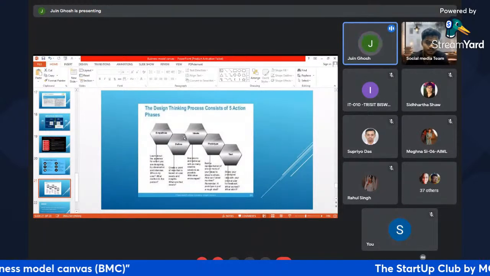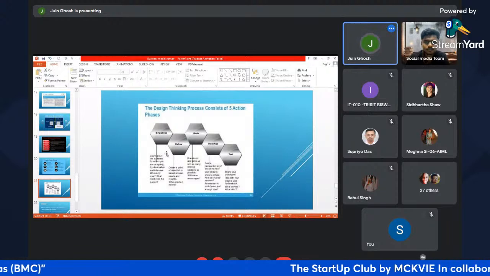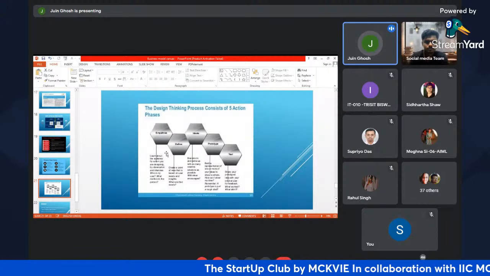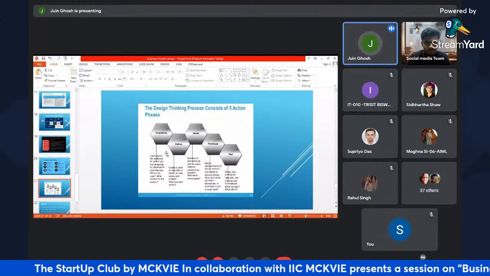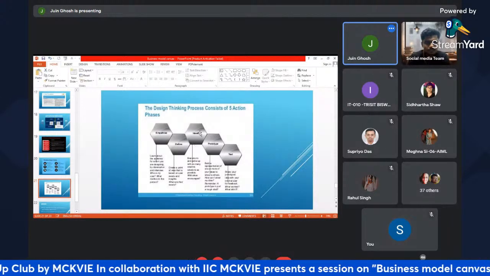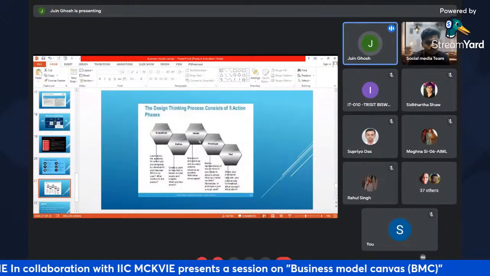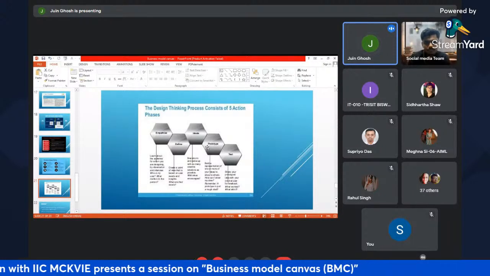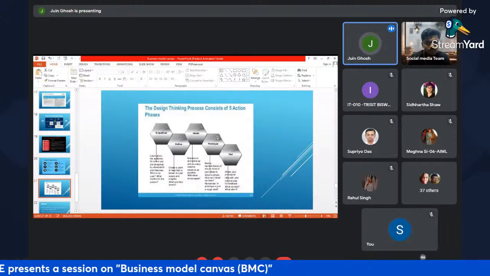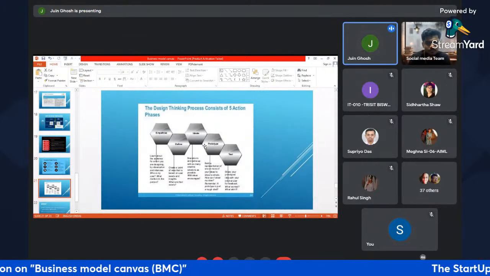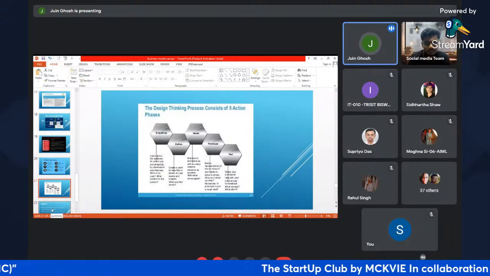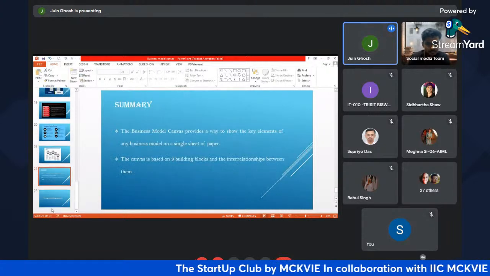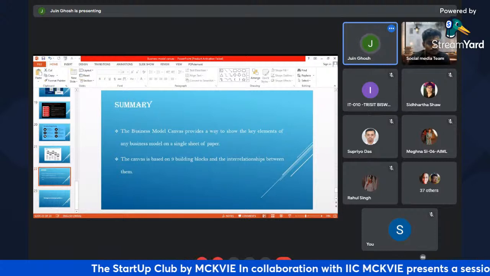Then it is define, that is a proper definition of each and every process, and it varies from organization to organization. This is the idea that is generated. This is the probability of hitting or missing the market. So this is the overall thinking process that consists of 5 actions.